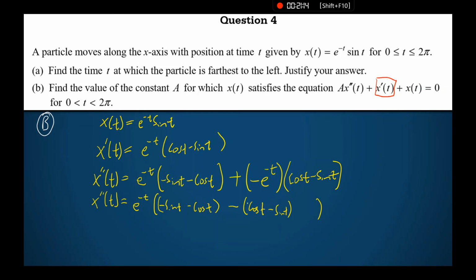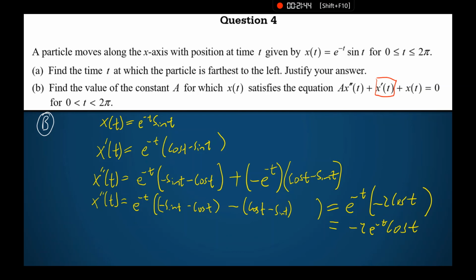Negative cosine minus cosine is negative 2 cosine, and negative sine plus sine should cancel, right? So this will become e to the negative t times negative 2 cosine t, or negative 2 e to the negative t cosine t. Any questions on what we did there?